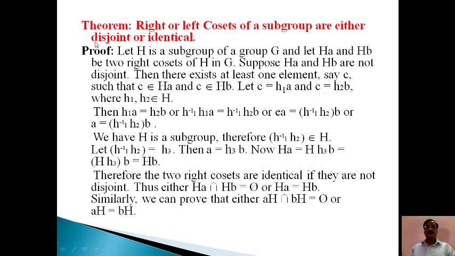Now we have a theorem. This is a very important theorem of cosets. Right or left cosets of a subgroup are either disjoint or identical.